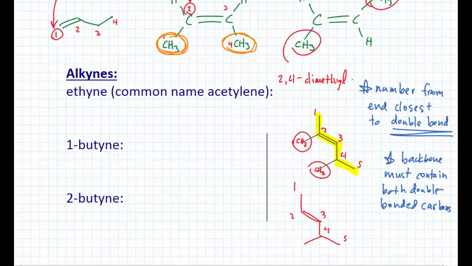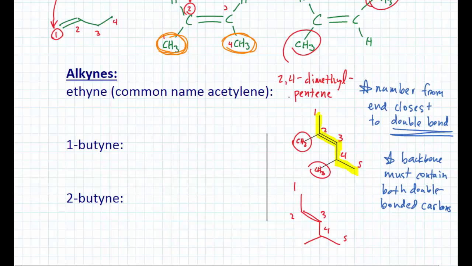Okay. 2, 4 dimethyl. Then what? We have this double bond in here, though. So it's going to be pentene. But remember, we also have to say where that double bond starts.